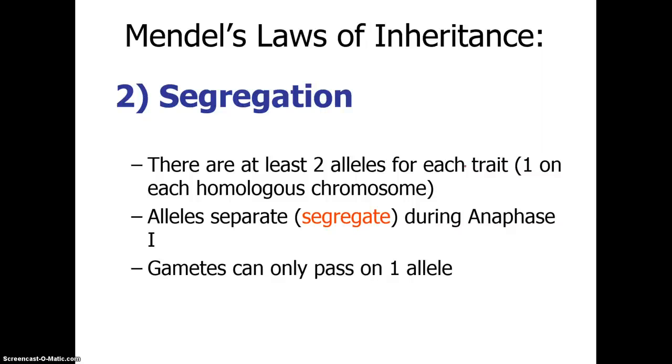So homologous chromosomes have the same genes on them that are coding for different traits, like seed shape. Only one chromosome is going to have that dominant allele, like the spherical seed, and the other chromosome is going to have either another dominant allele for the spherical seed, or it's going to have the recessive allele for a wrinkled seed.